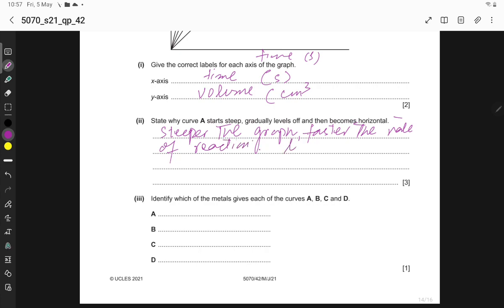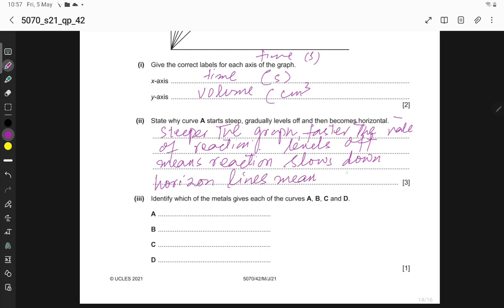Levelling off means the reaction slows down. Horizontal lines mean the reaction has stopped.